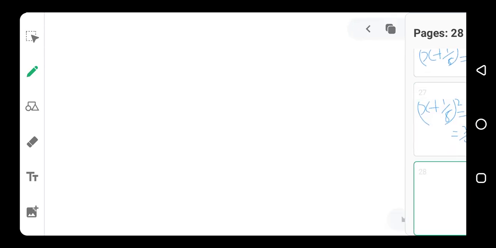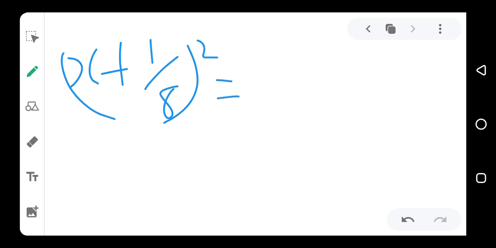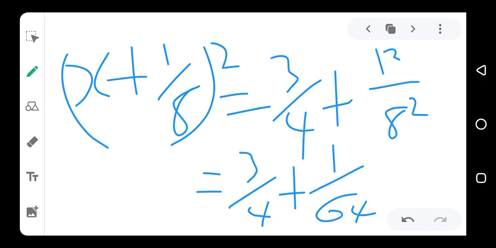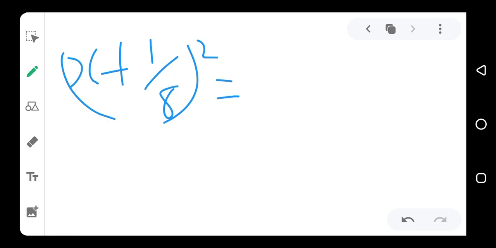So we have that x plus 1 over 8 squared is equal to, now the highest common factor between 4 and 64 is 64.